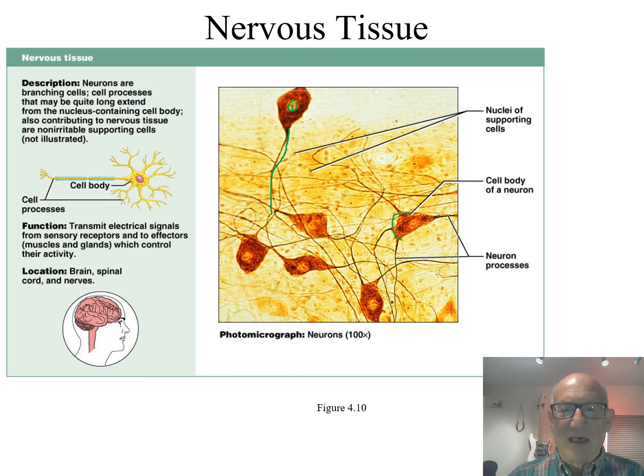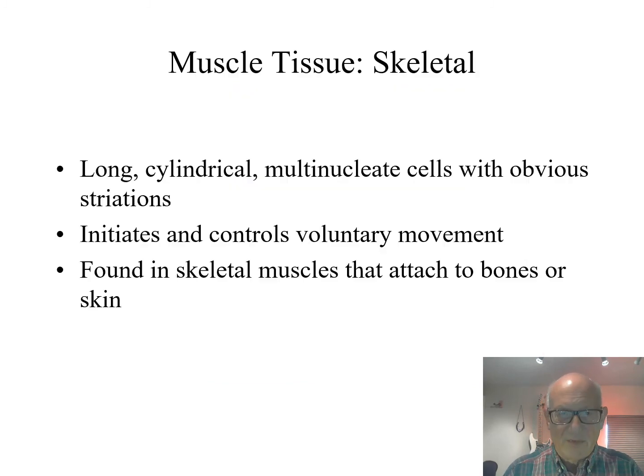So we have a cell body and multiple processes coming out of the neuron. There are also support cells in the nervous system. So most of these little brown dots that you see on this slide, like in here and in here, are nuclei of the support cells.